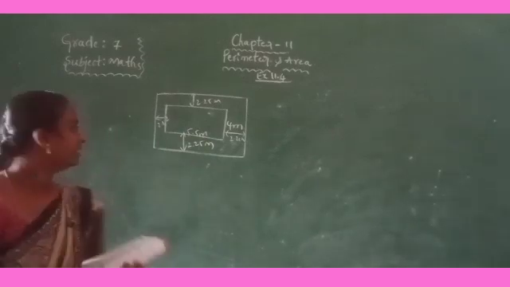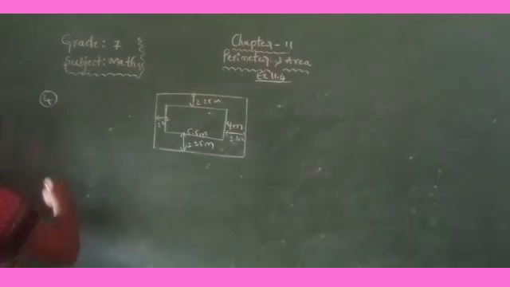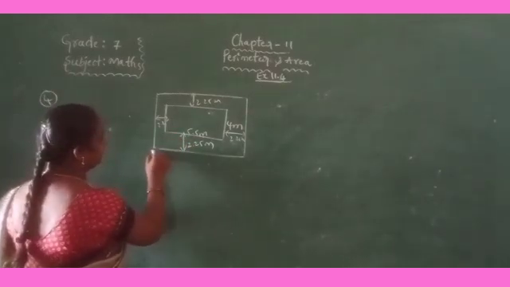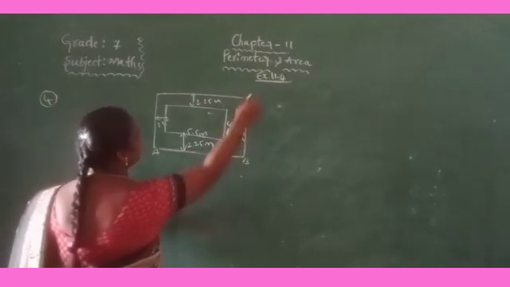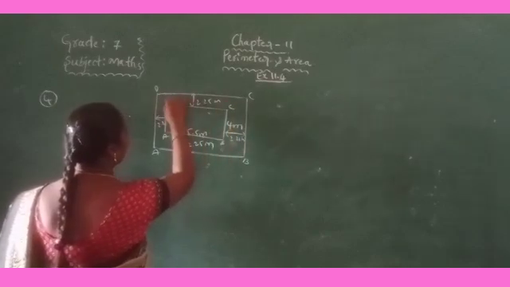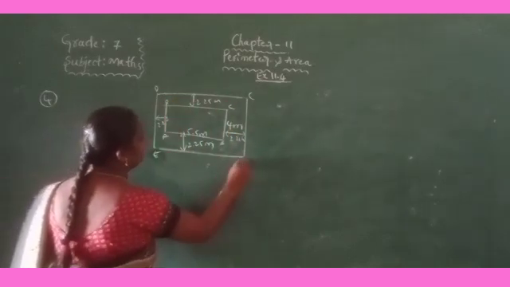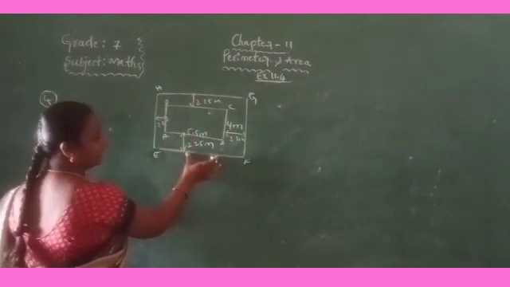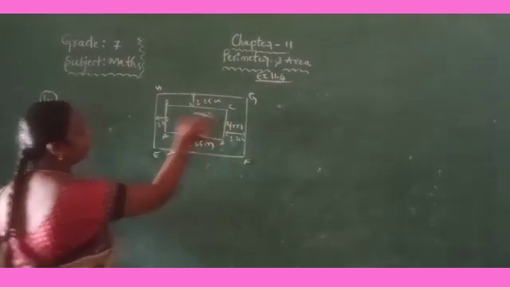First the given values. Let us give the names also. This is A, B, C, D, actually the room, and this is E, F, G, H. This is with veranda, and this is without veranda.